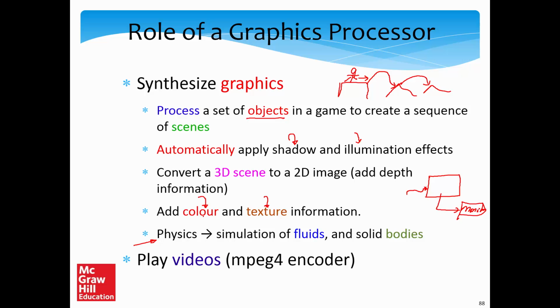Instead, what they have done is that they have basically used a computer to create all of those scenes, right? Create all of those water-based or land-based scenes, and graphics processors have a lot of role to play in it. In addition, they do traditional stuff also, like play videos. So they have an MPEG-4 encoder and decoder to do the job.